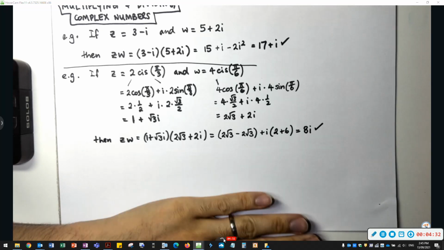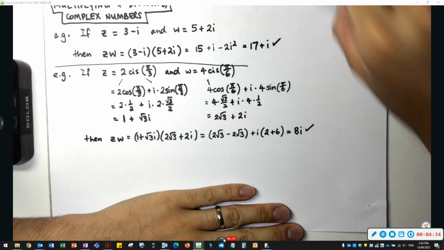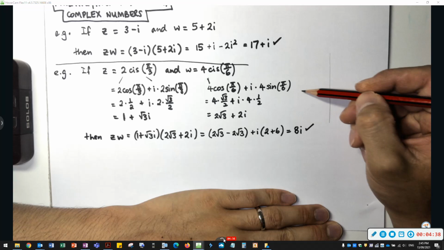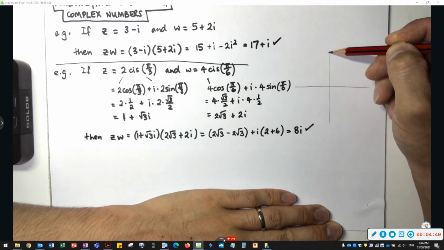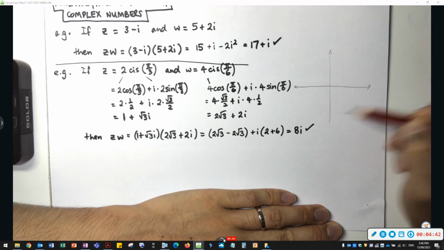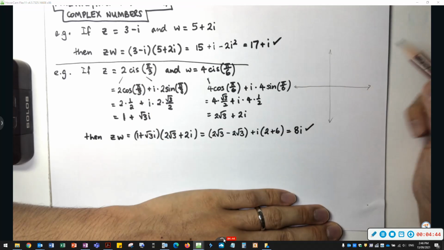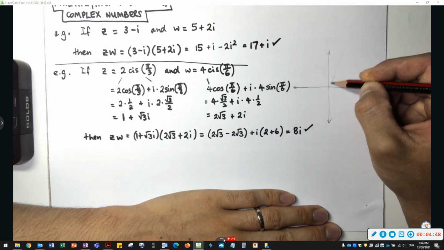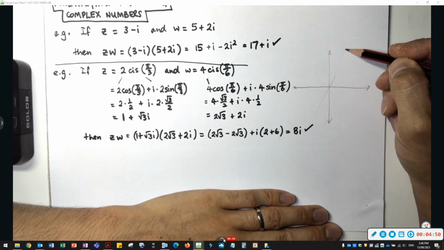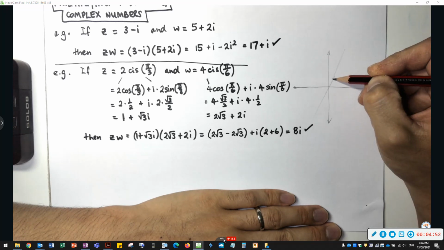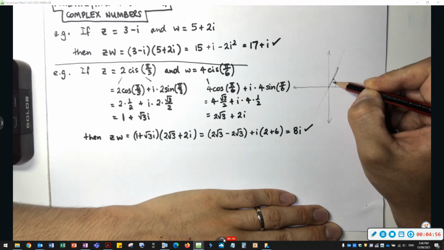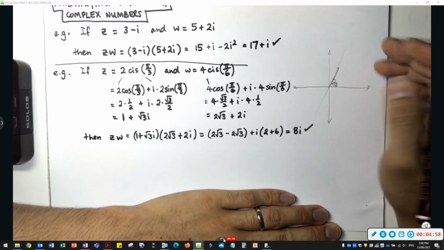Let's have a quick look at what it looks like on the Argand diagram. Maybe we can see something unusual about this. 2 cis pi on 3, so pi on 3 is about 60 degrees. This is about a 60-degree line, and there's 2 units there. So this angle here is pi on 3.